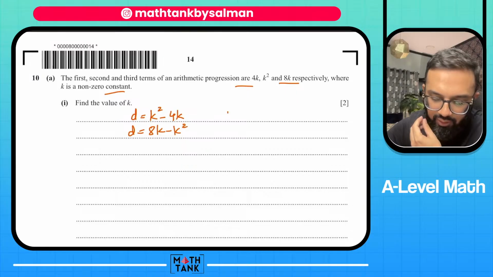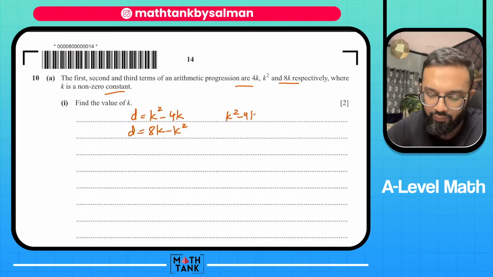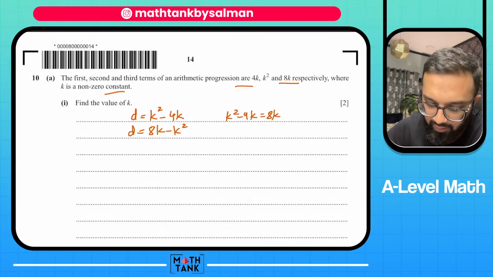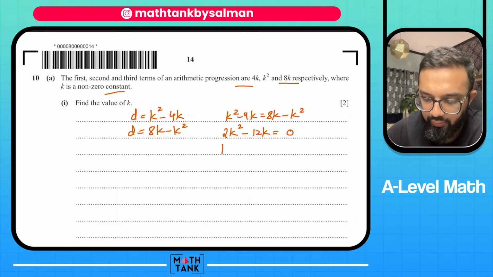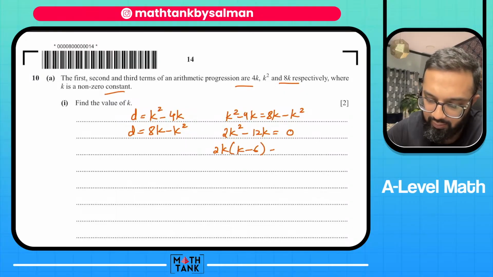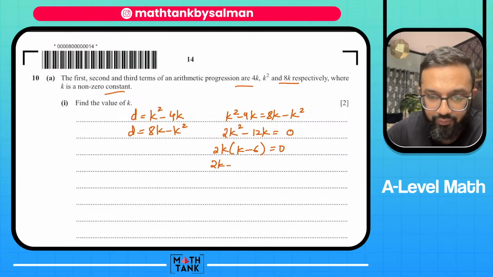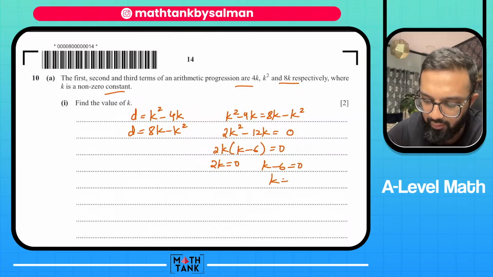Technically, these two should be equal. So k squared minus 4k should equal 8k minus k squared. That's 2k squared minus 12k. 2k and k minus 6.